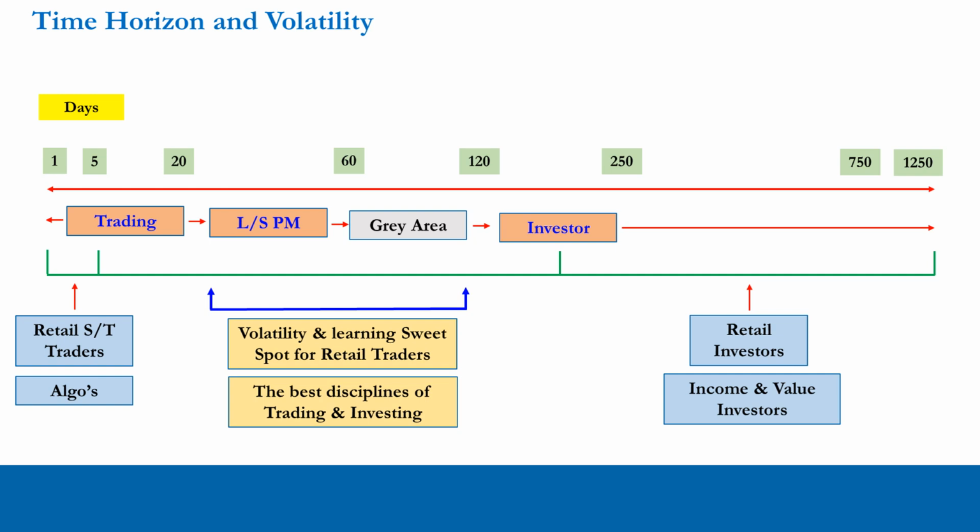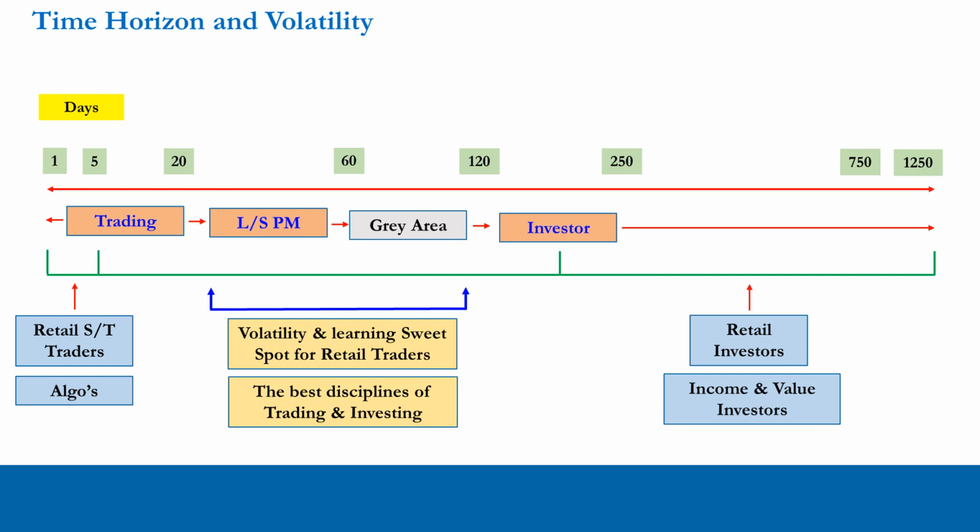Beyond 120 days, a position is absolutely an investment. So you've had a position on for 6 months or more. It absolutely is an investment. In between 60 and 120 days, it's slowly morphing from a trade into an investment.